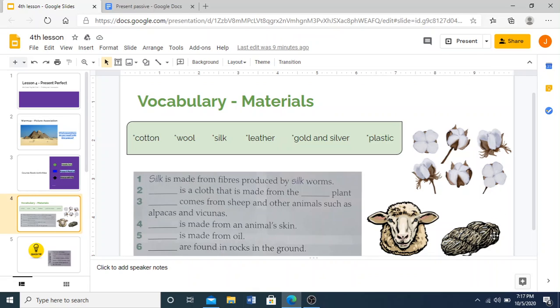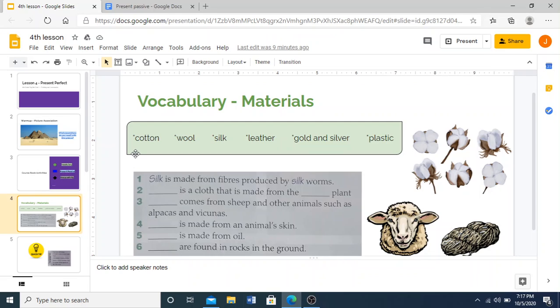I think this picture here, if I'm not mistaken, should be a picture of wool. Even though that is a diagram, it's not real wool, but wool looks like that. Sorry, silk looks like that. So we have cotton, wool, silk, leather, gold and silver, plastic, and we still have five sentences more to go.